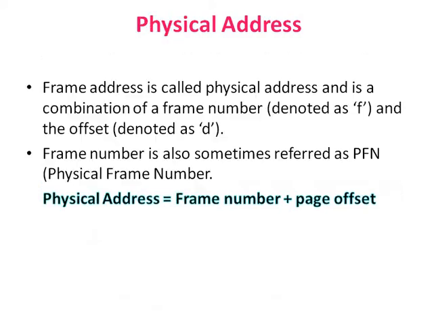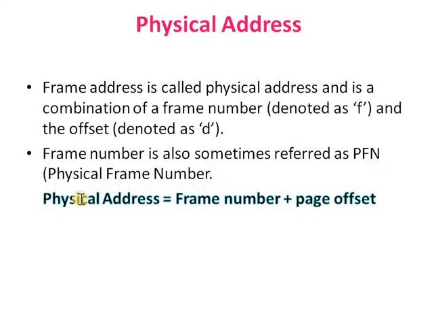The page number is sometimes also called the virtual page number, because here logical memory is used for the virtual address, so virtual addressing. So the page number is sometimes called VPN, that is virtual page number.